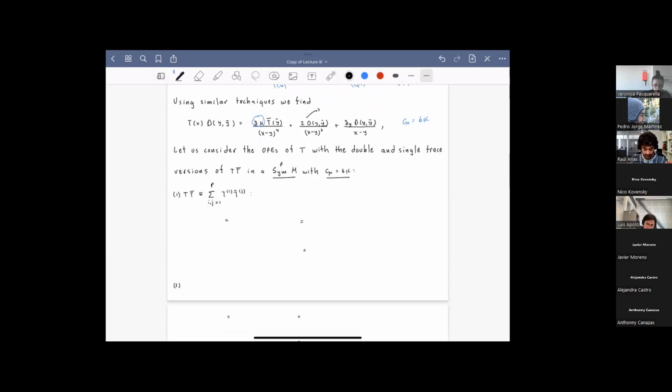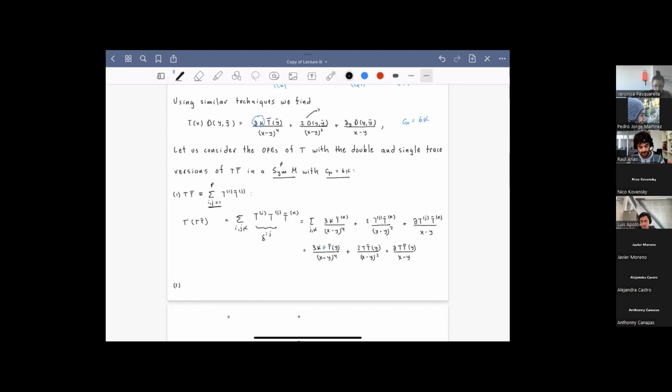So the OPE of the stress tensor with the double trace TTbar operator, remember it's double trace, so there are these two sums, is given as follows. We have three sums for different copies of the stress energy tensor. Because the stress energy tensors on different copies of the symmetric orbifold don't talk to each other, we get a Kronecker delta, so on the right-hand side we end up with only two sums and this expression.